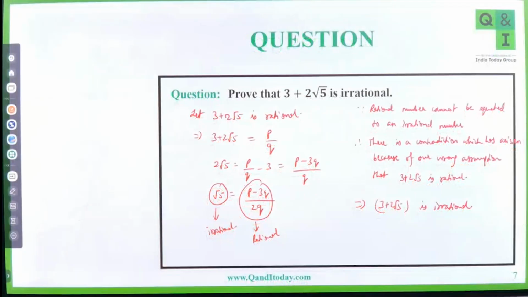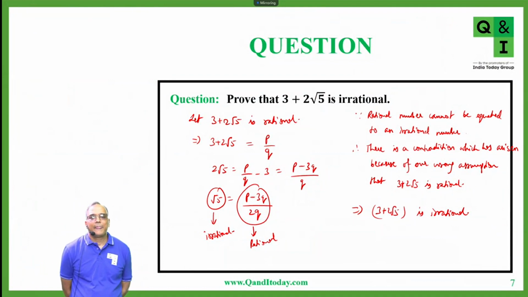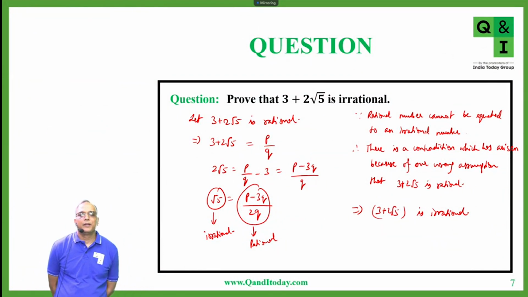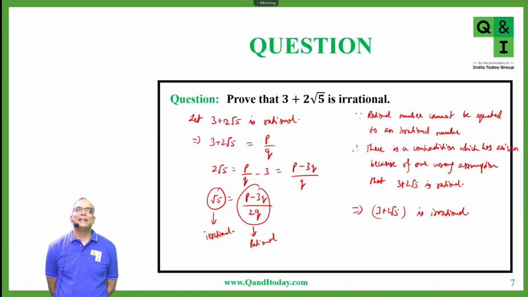Note this down quickly, students. Yes, Raghavi. Sir, in these type of questions, if they're asking in exam, first we have to prove root 5 is irrational, then do all these steps, and then prove 3 plus 2 root 5 is irrational number? No, not unless it has been asked.